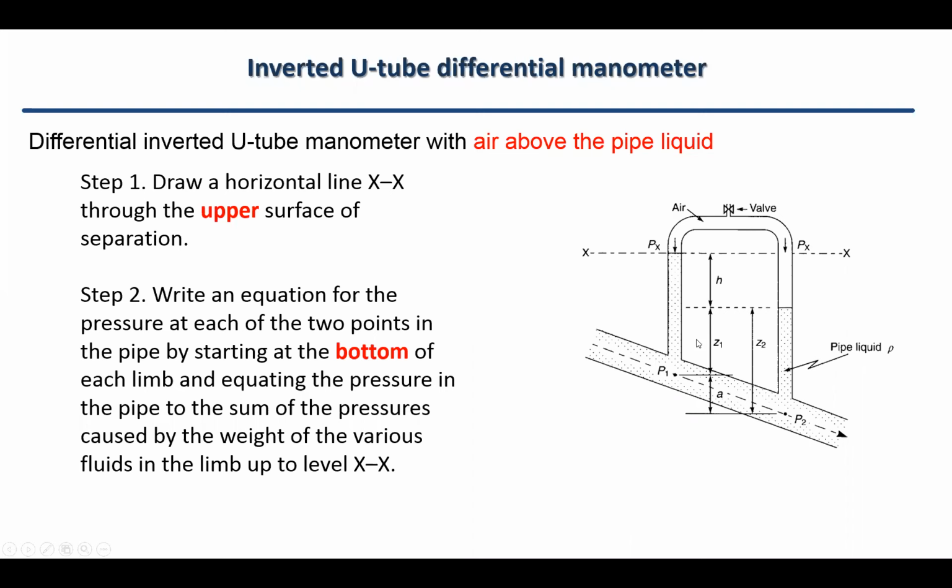But bear in mind, we only write the liquids. Here we have the air, so we only need to write the total sum of the pressure caused by the weights of the liquid. If you have a stratified liquid, we write it all together, but the air we can ignore. We can discuss and see this in this example.